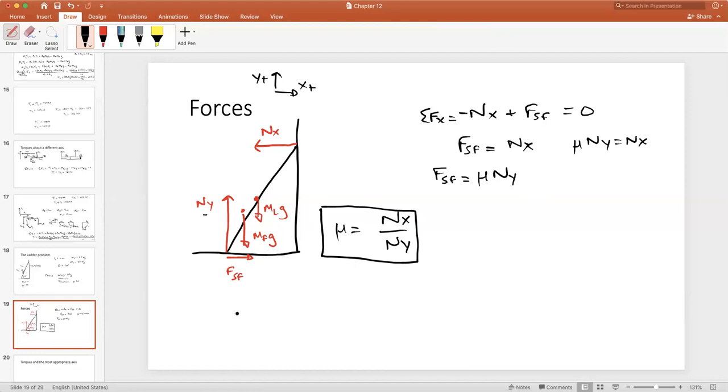What are my forces in the y? In the y direction, I have a normal in the y, of course, minus the mass of the ladder times g minus the mass of the firefighter times g, and that is 0, okay? So ny is equal to the mass of the ladder times g plus the mass of the firefighter times g.